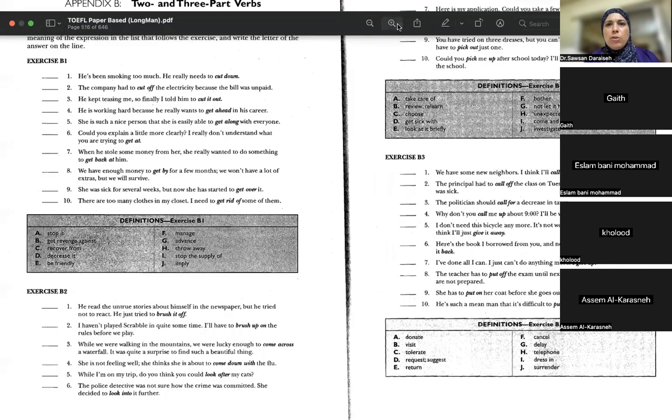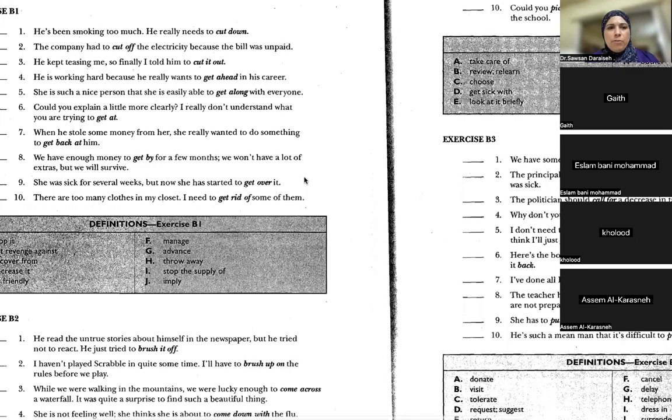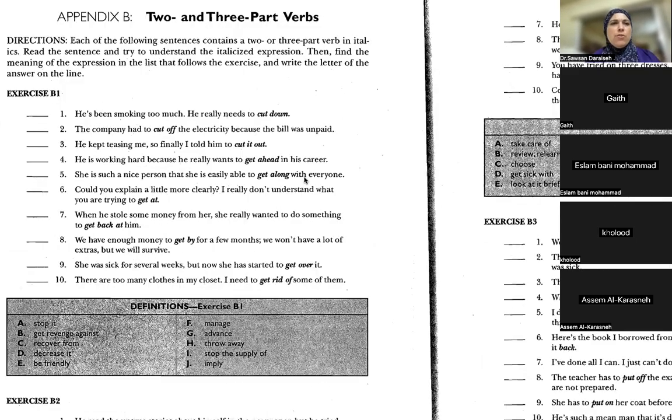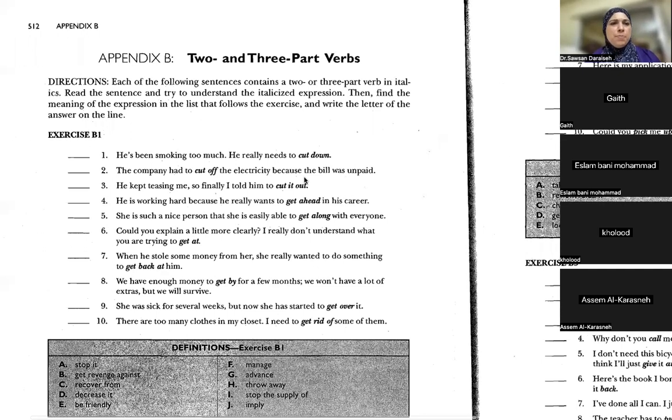Today, we would like to take a look at some phrasal verbs. What are phrasal verbs? Do you know what they are? Two or three part verbs. That's what they mean. A phrasal verb means there is a verb and there is a preposition. Good job. Yes. There in front of you, you have examples. A phrasal verb is a verb that has a preposition connected to it.